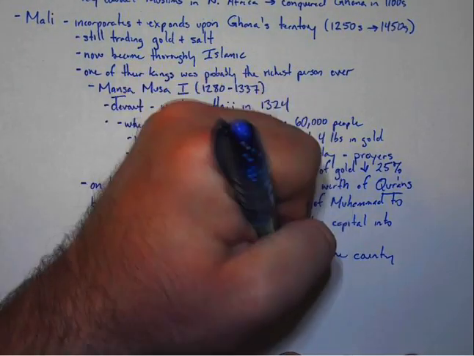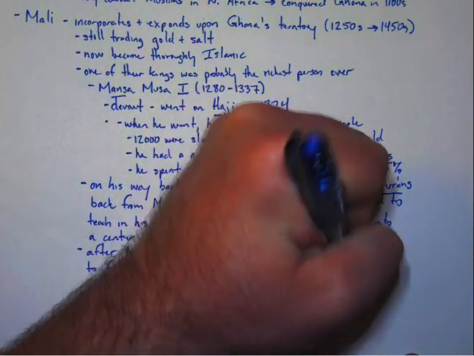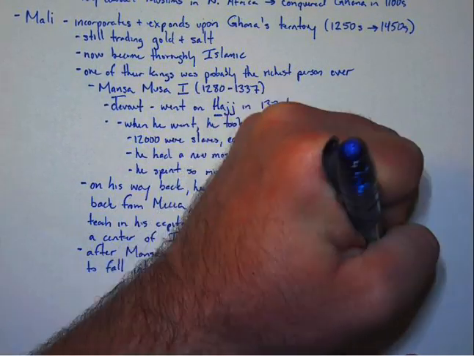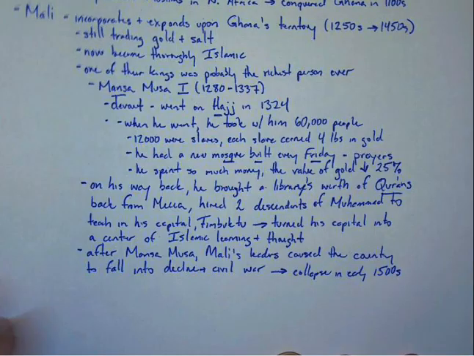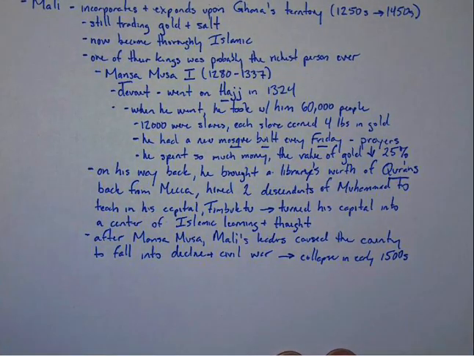And they eventually kind of collapse in the early 1500s. But because of what Mansa Musa did, West Africa became very, very Islamic.